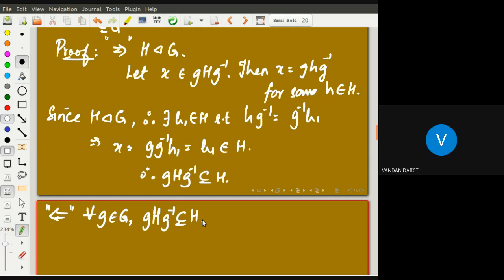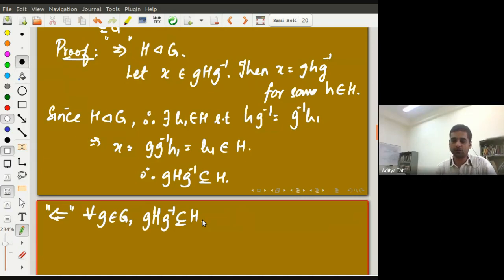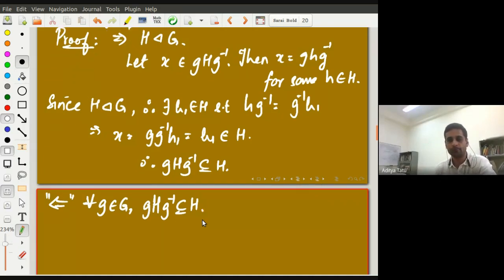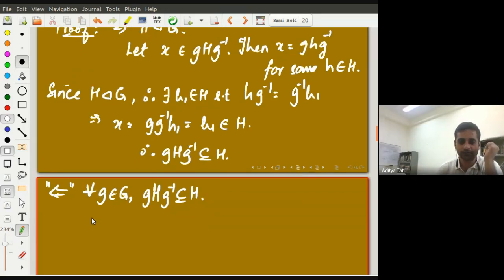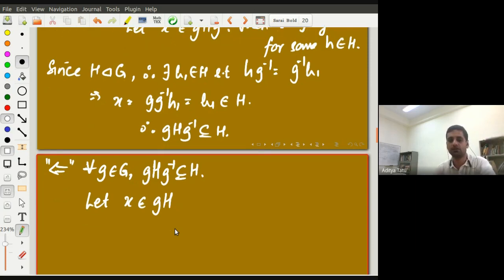By definition, gH equals Hg. Right. So a left coset is also a right coset. Okay. So again, begin with an element of the left coset, and I want to show that this is also an element of the right coset and vice versa. Let's just write this down.